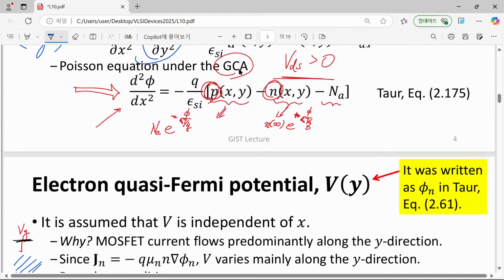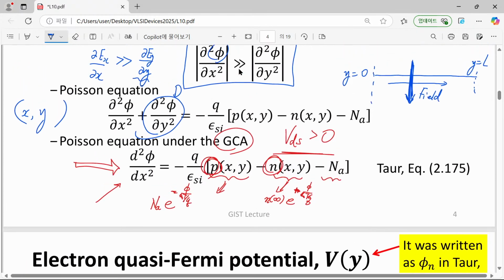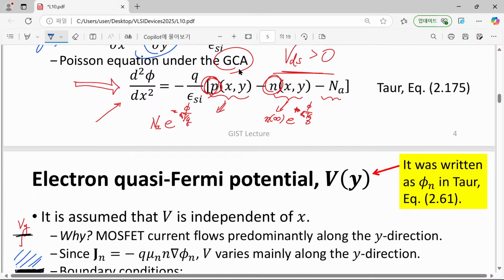So although we have no idea what the electron quasi-Fermi potential itself looks like, we will say that okay, it is given.